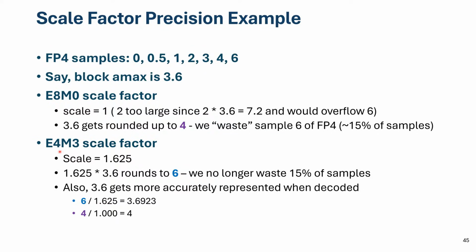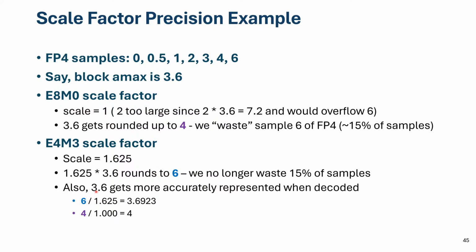If we look at what E4M3 would do, E4M3 can represent 1.625 as a scale factor, and 1.625 times 3.6 is like 5.85 or something like that, so that will round to 6. Now I'm no longer wasting the 6 sample. And that's how I end up using more of the dynamic range of FP4 than possible with just powers of 2. So that's one potential goodness.